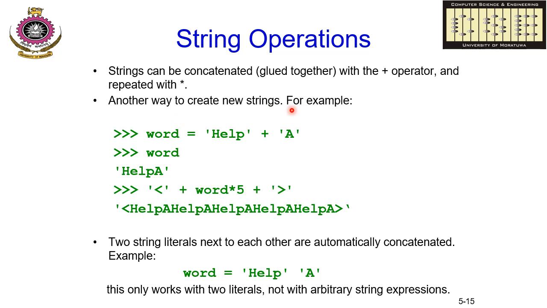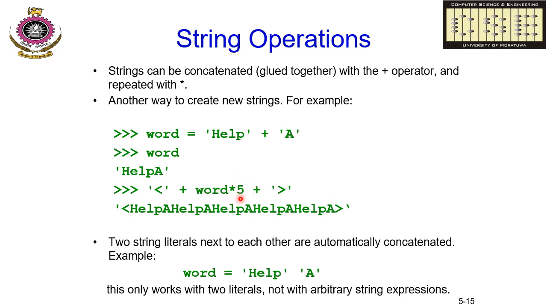This can be another way to create new strings. For example, concatenation: we have a variable called word, and this is one string and this is another string, and we concatenate those two strings using the plus operator. So the output would be HelpA, right?